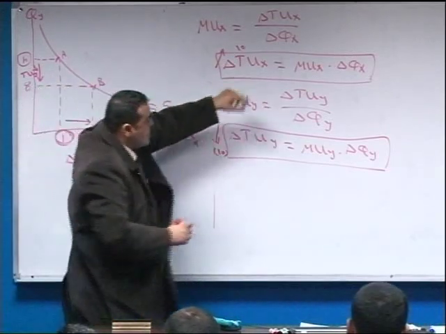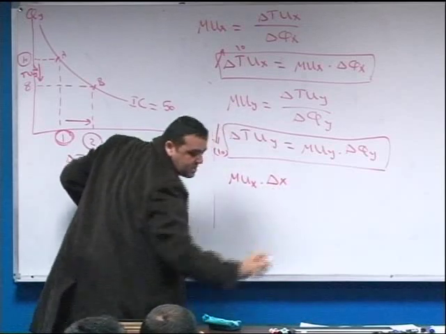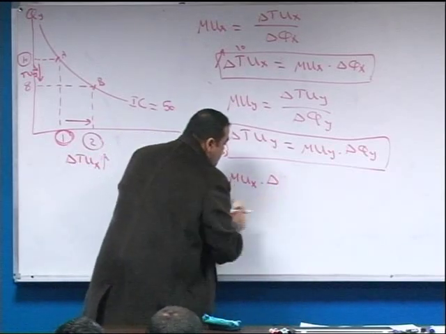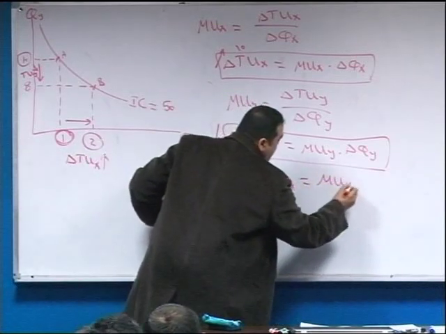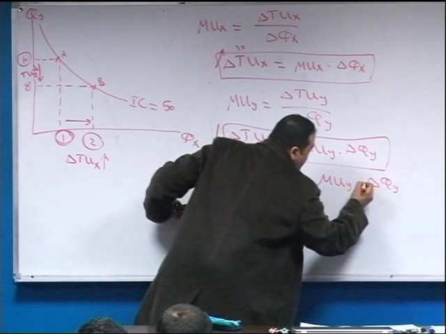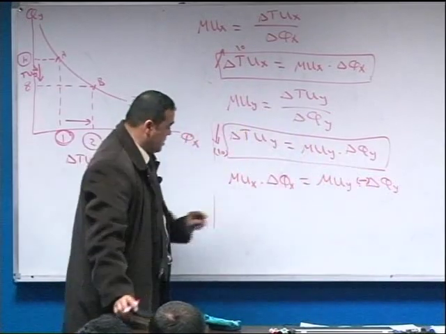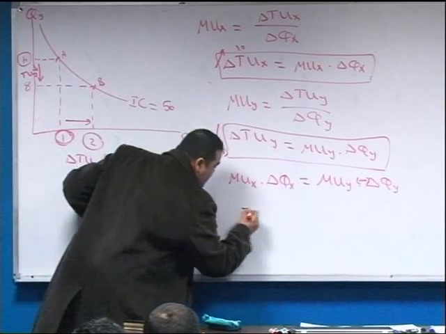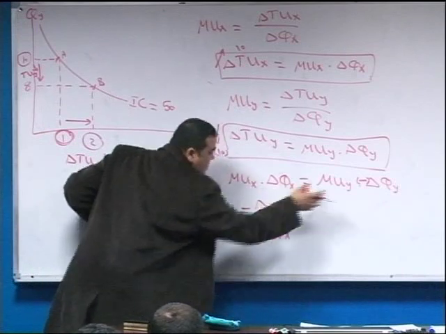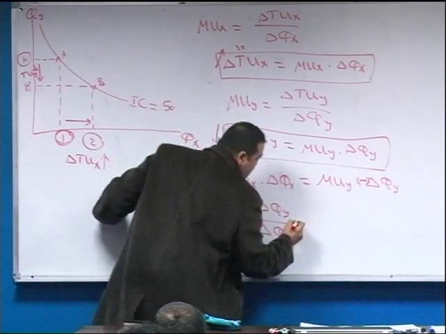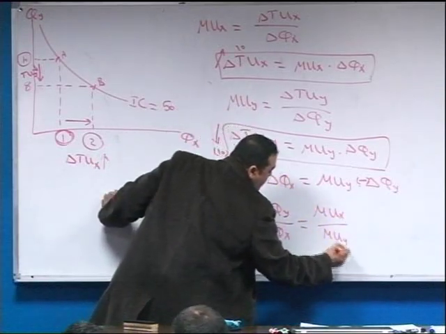Right? So, in this case, MUX times delta QX must equal MUY times delta QY. And in this case, it would be negative because there is a decrease in the line. So, minus delta QY over delta QX must equal MUX over MUY.